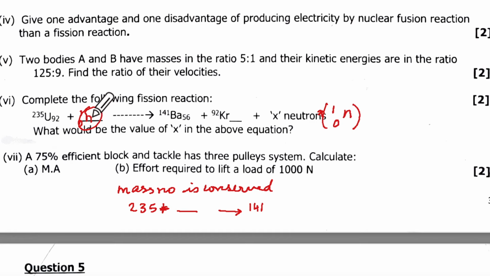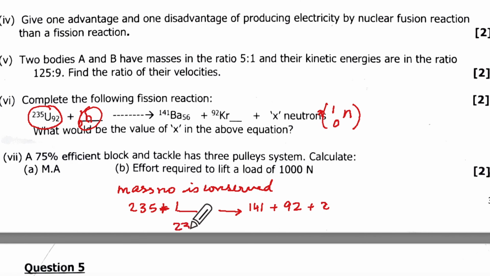Remember, the fission reaction happens because uranium 235 absorbs one neutron. Yes, ma'am. So it is 235 plus 1 is equal to 141 plus 92 plus x. X into 1 means x.